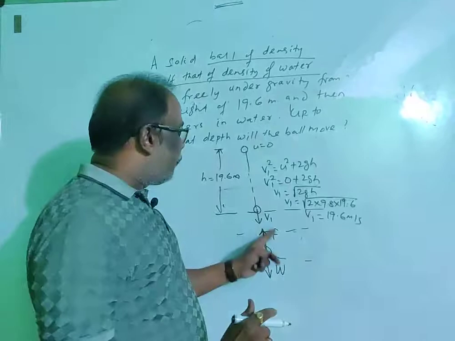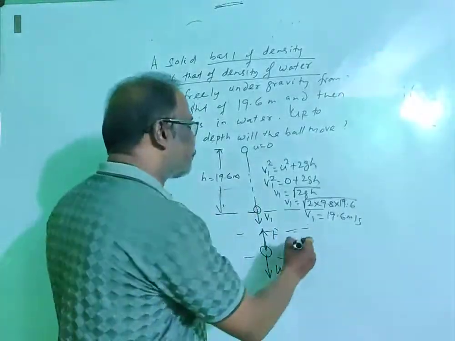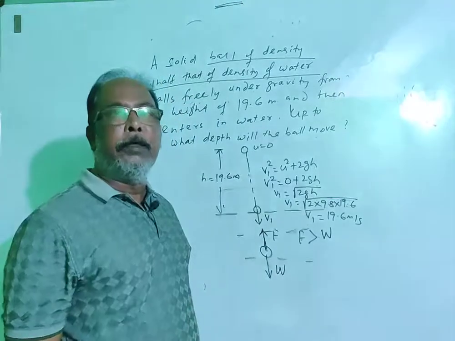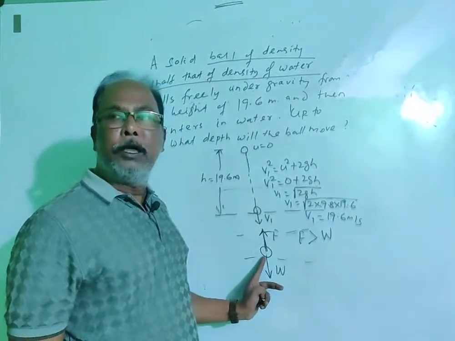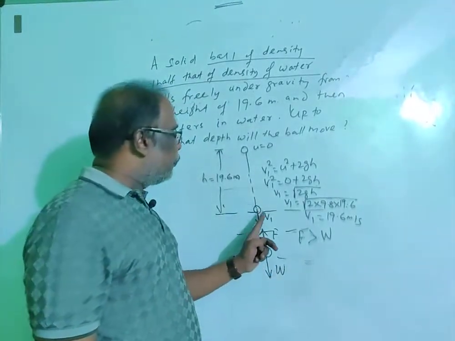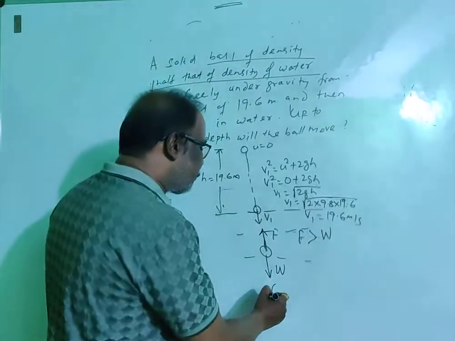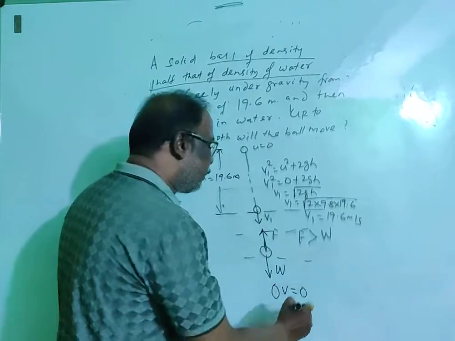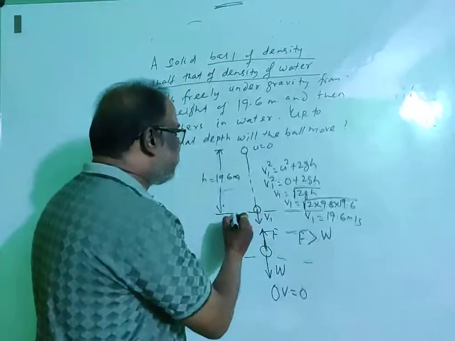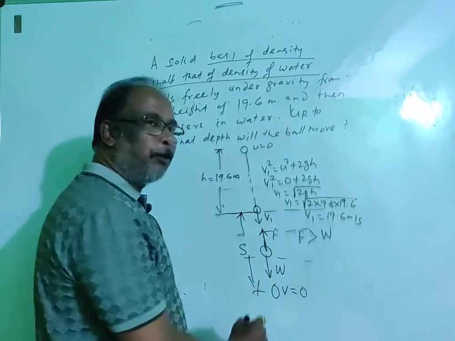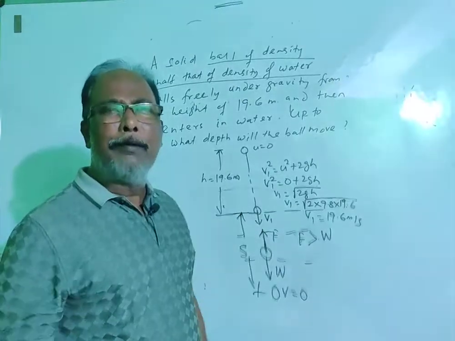Since upward force is more than that of weight, because density of ball is less than that of density of water, this motion is retarded. Finally, the body comes to this position and final velocity becomes 0. This is the depth through which the body has traveled.